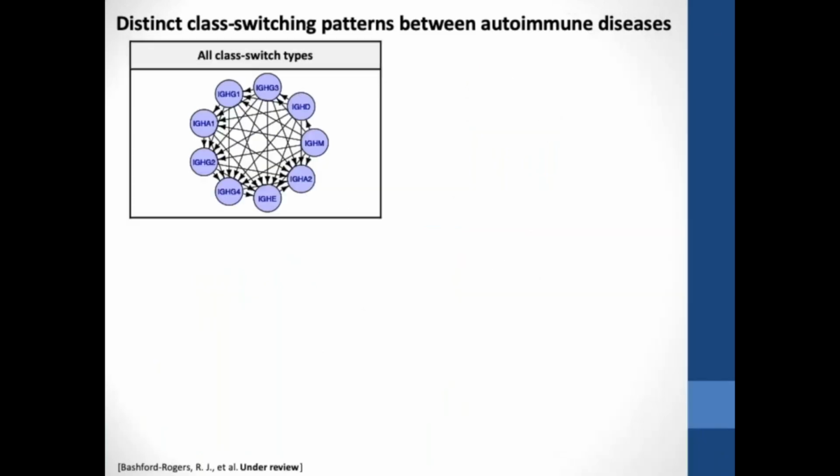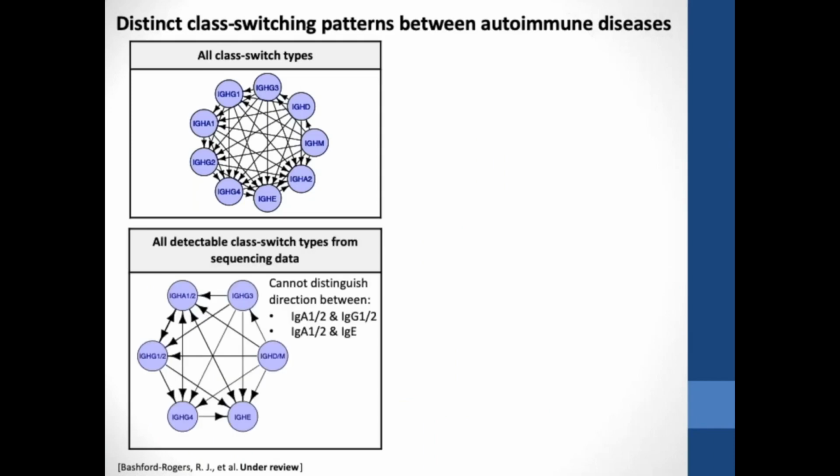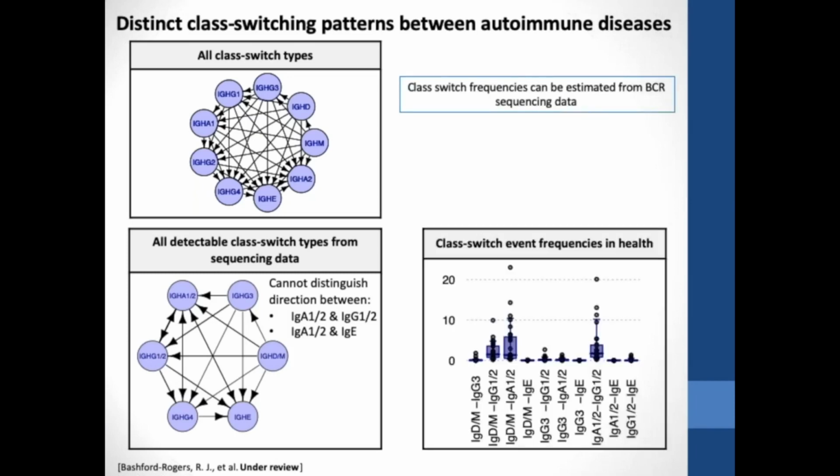And it's a directional process, as I mentioned, where we can essentially look at the proportions of switches according to the genomic location of each constant region. In this data, we used a method where we can't quite distinguish between IgA1 and 2 or G1 and 2, which means that we can essentially get a network of class switch recombination between these. And indeed, if we look across the healthy individuals, this corresponds quite nicely with previous studies.